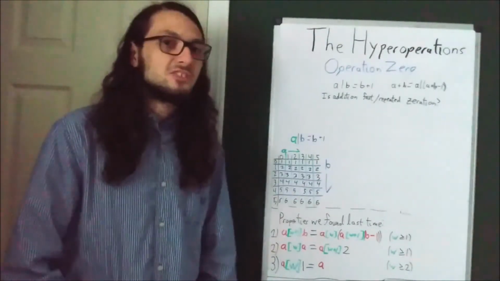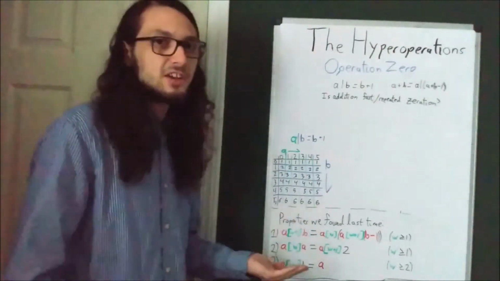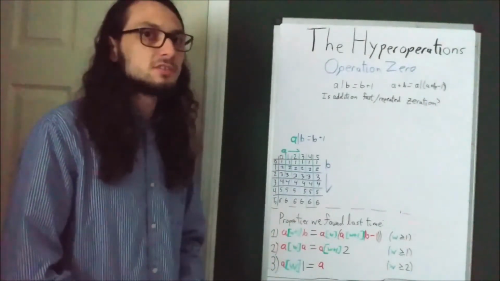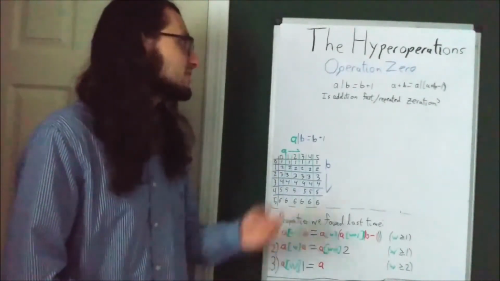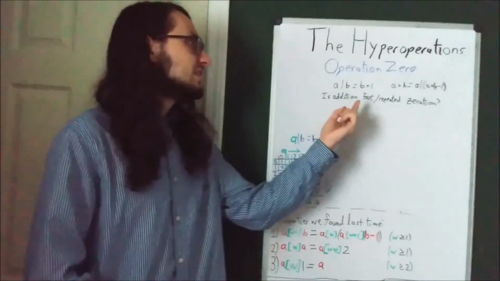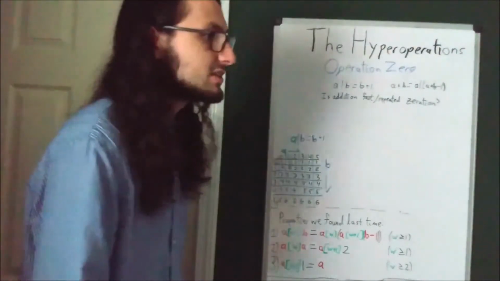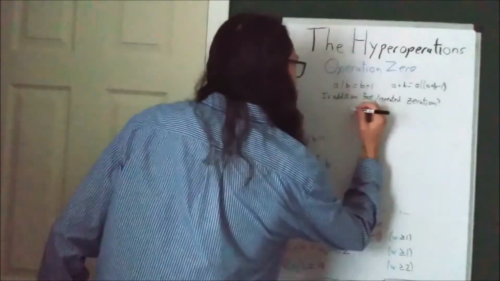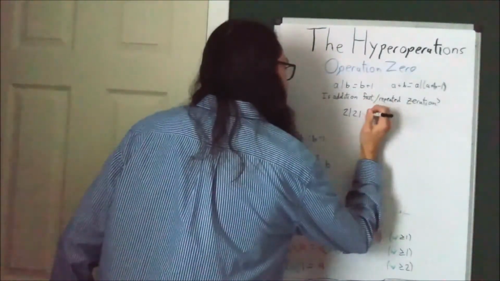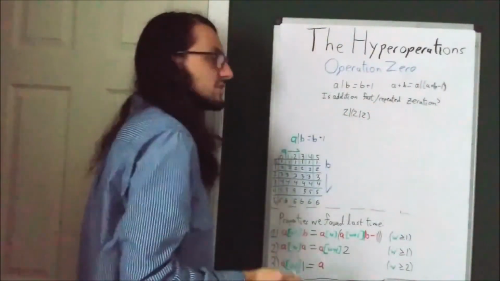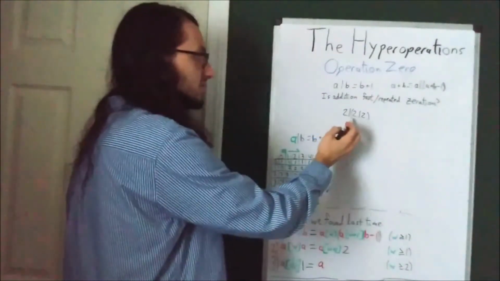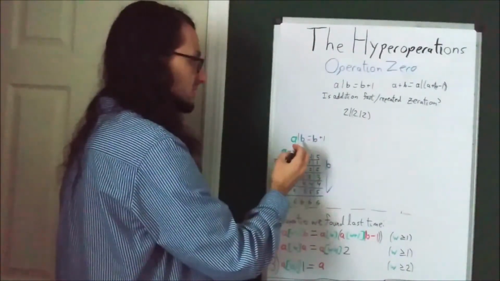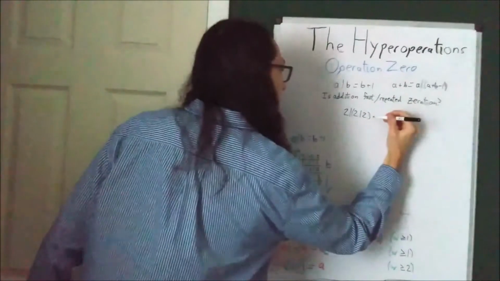Now that we have our definition and full table of zeration, let's make sure that it follows the properties that we want it to. Specifically, that addition is fast zeration. So let's look at an example. 2 bar 2 bar 2 is repeated zeration, but 2 bar 2, b is 2 in this case, so 2 plus 1 is 3.